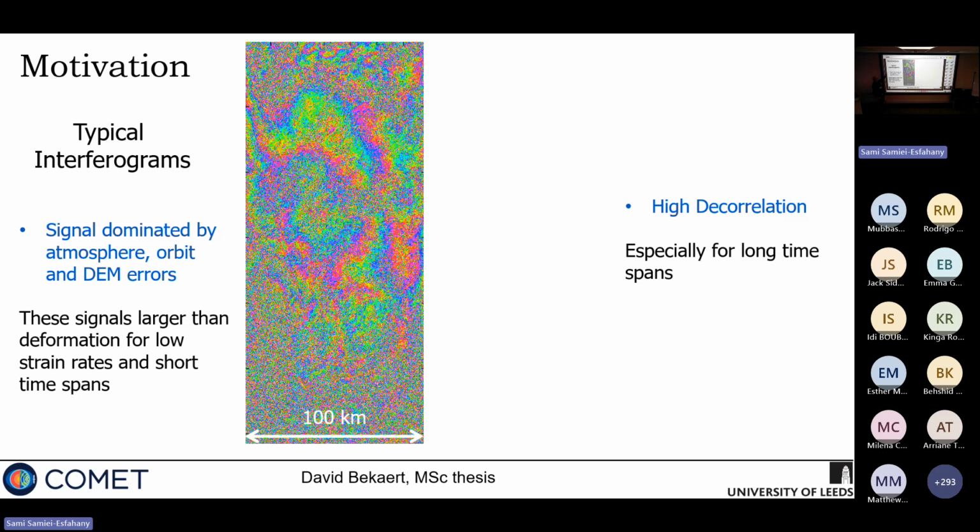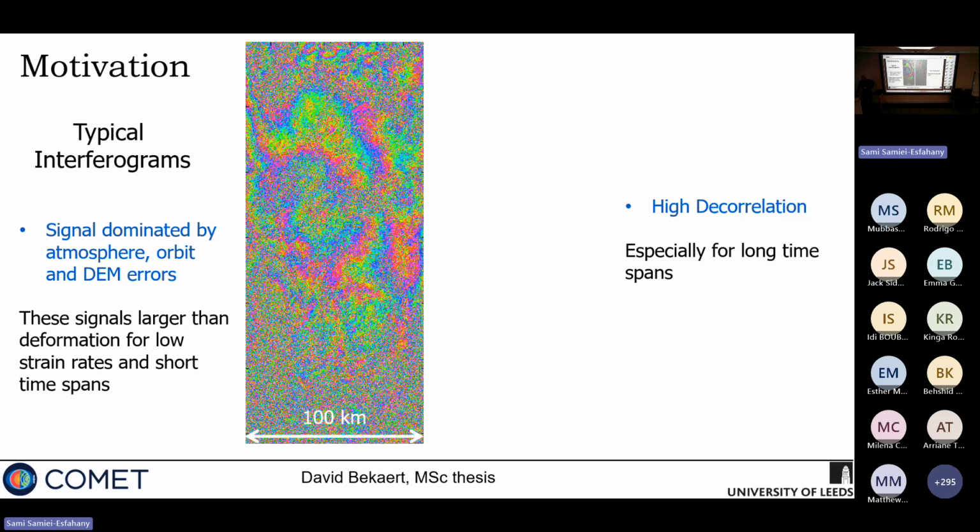There's atmosphere here, and actually atmosphere is dominant. So although there is deformation here, it's a very low rate of deformation. It's just tectonic, and you can't really see it. All you can see here is the atmosphere. And then there's also some decorrelation noise in there as well.